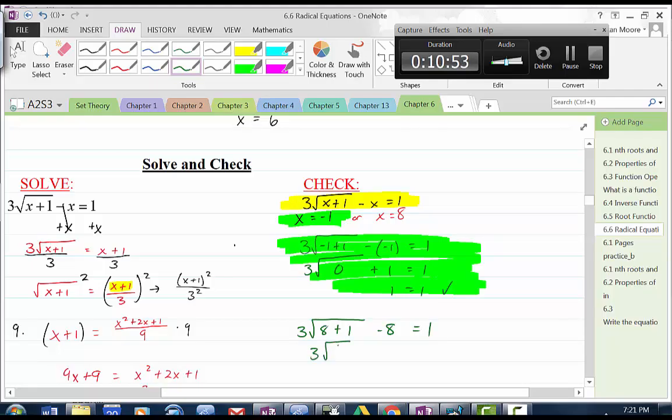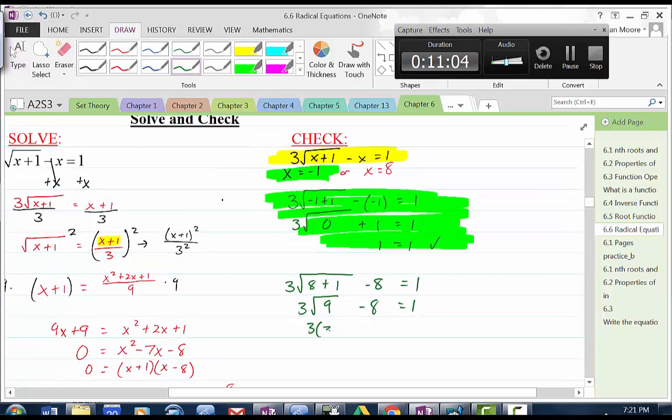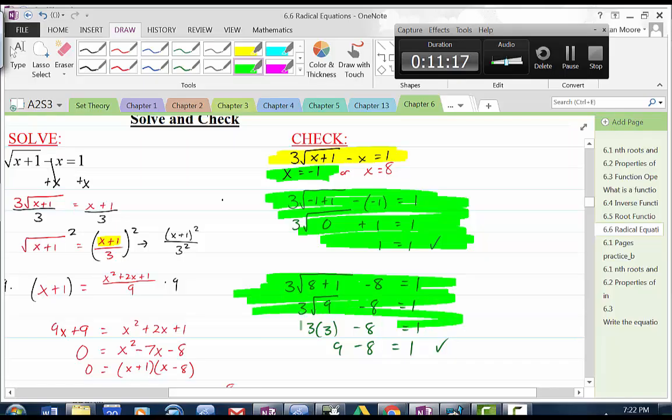So 3 times the square root of 9 minus 8 equals 1. 3 times 3 minus 8 equals 1. 3 times 3 is 9. Minus 8 does equal 1. Looks like that one works as well. So they both work.